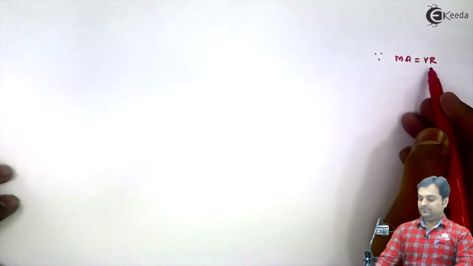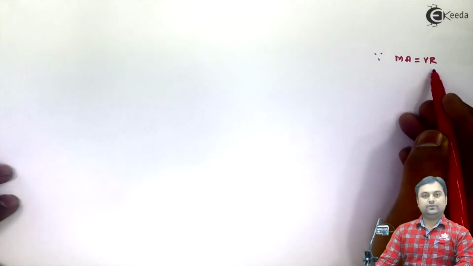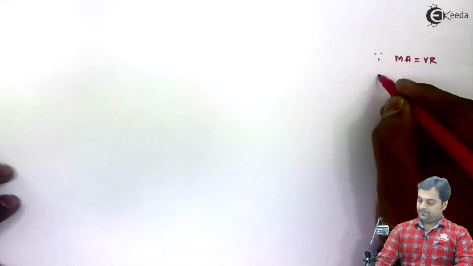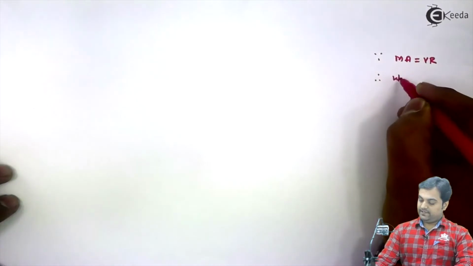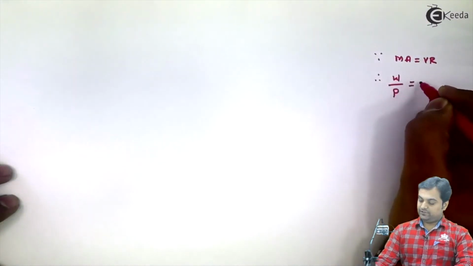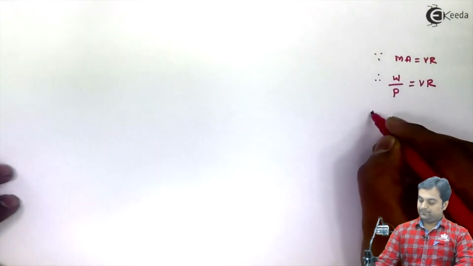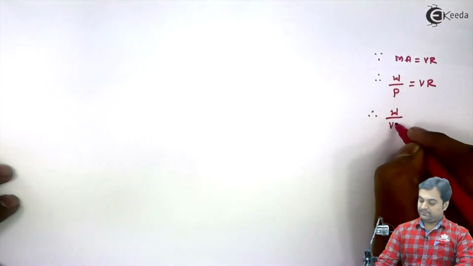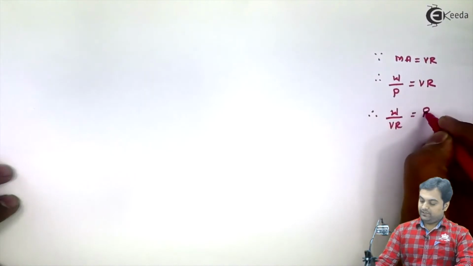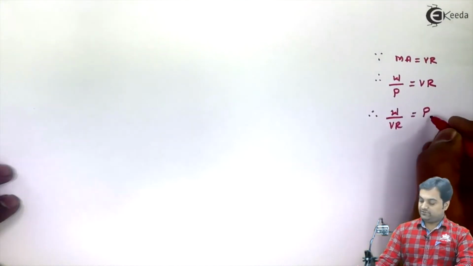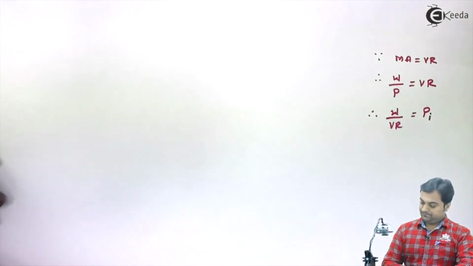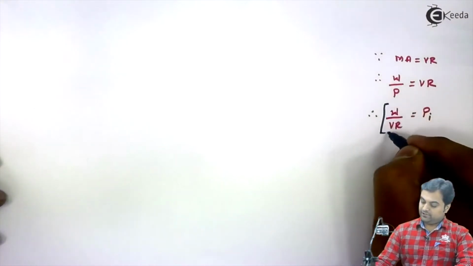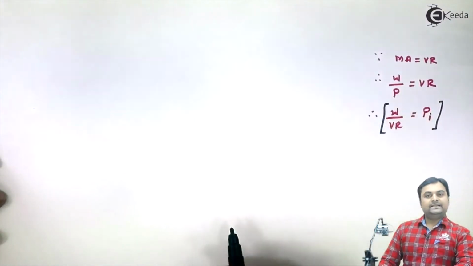So mechanical advantage, load upon effort, is equal to velocity ratio. I'll shift P to the other side, so W upon VR is equal to P. Since we want ideal effort, here I have P suffix I. In short, this is the formula of ideal effort.